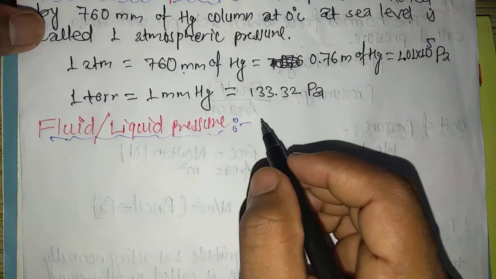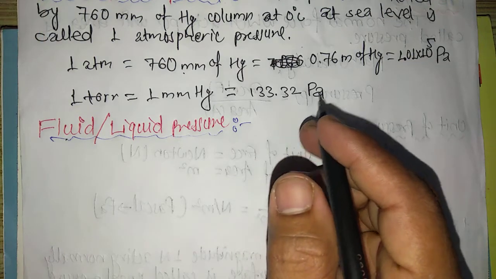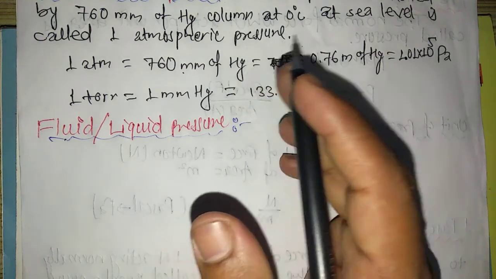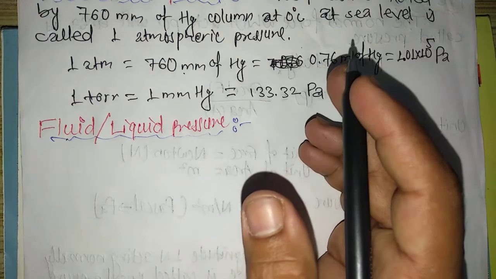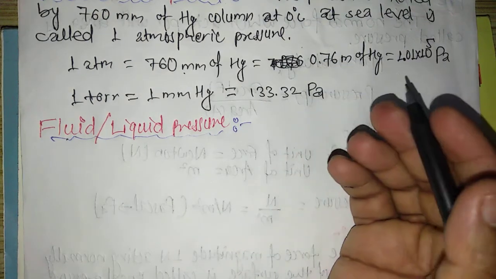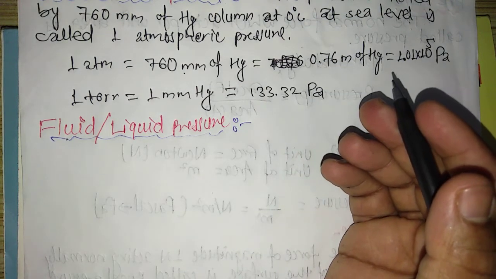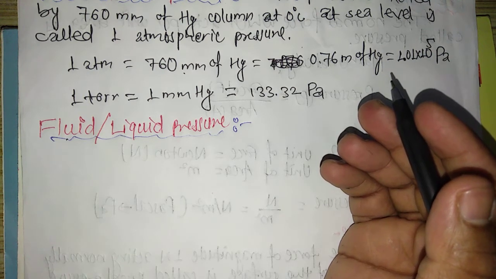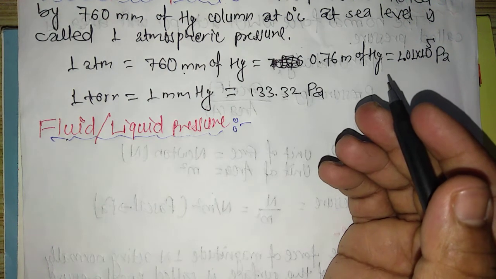So there is a force exerted by the liquid on the wall and the bottom of the container or vessel in which the liquids are kept, and that pressure is said to be fluid pressure or liquid pressure.